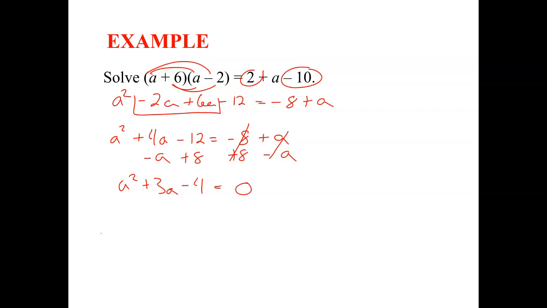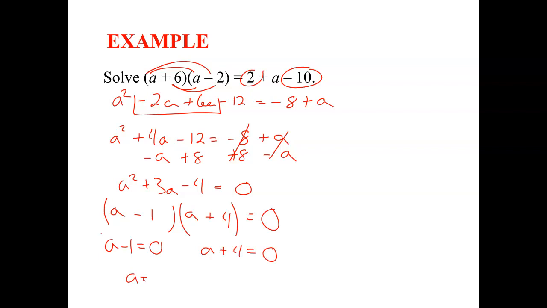Okay, nice easy trinomial to factor. What are my factors going to be? Negative 1, positive 4. Okay, negative 1 times 4 gives me negative 4. Negative 1 plus 4 gives me positive 3. Zero factor. A equals 1 and negative 4.